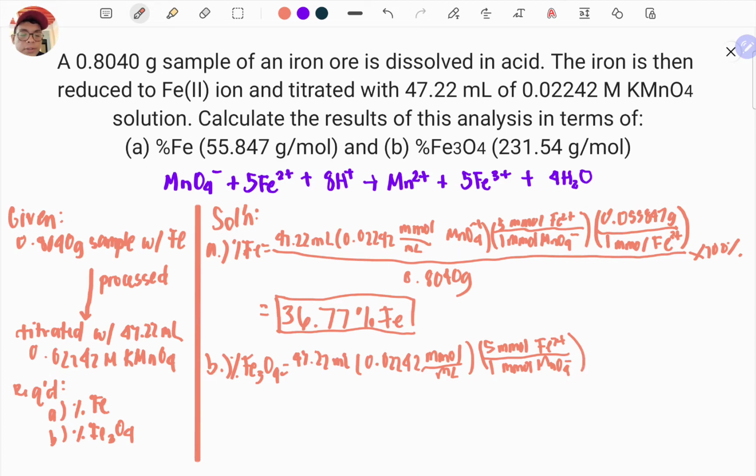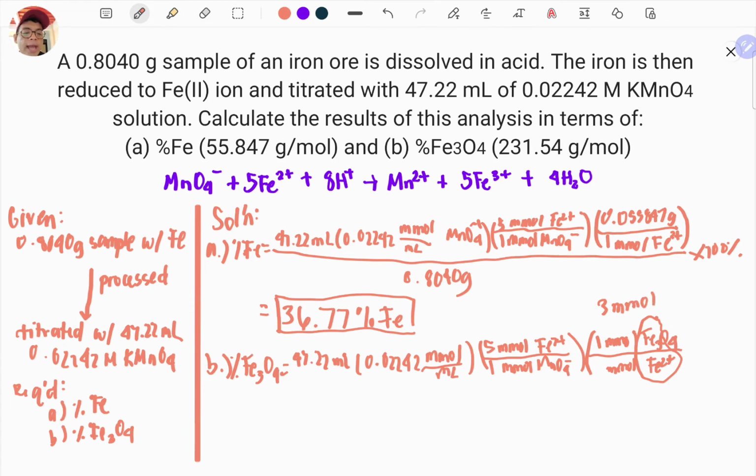Just like our discussion in gravimetry, we need to convert the analyte into the desired form, and to do that we need to balance the analyte in the conversion factor. So if our goal is 1 millimole of Fe3O4, we need to balance iron 2+. We know that for 1 millimole of Fe3O4, that's 3 millimoles of iron.